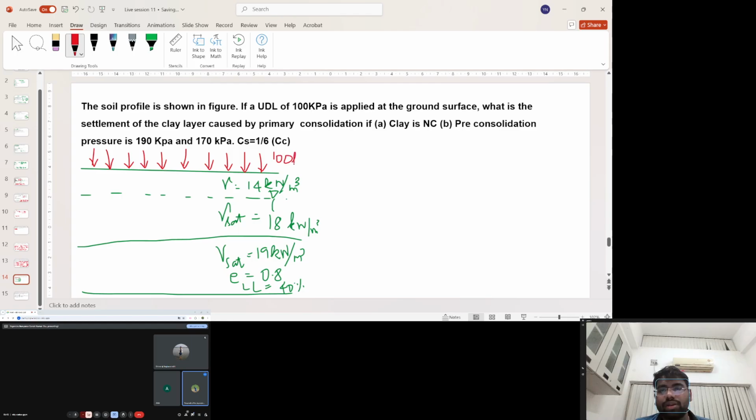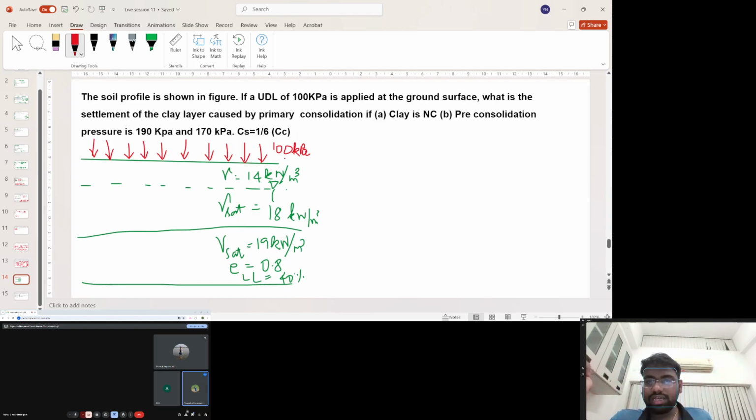What is the settlement of the clay layer caused by primary consolidation, if the clay is normally consolidated, and if the pre-consolidation pressure is 190 kPa and 170 kPa respectively? So there are two cases of pre-consolidation pressure, 190 kPa and 170 kPa. Now this is the clay layer, this is the sand layer, sand and clay.